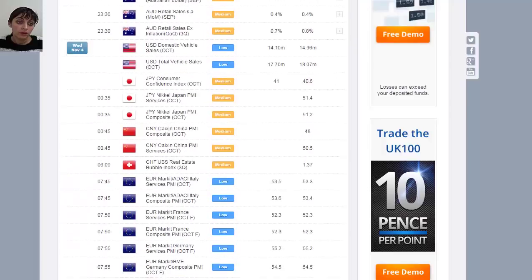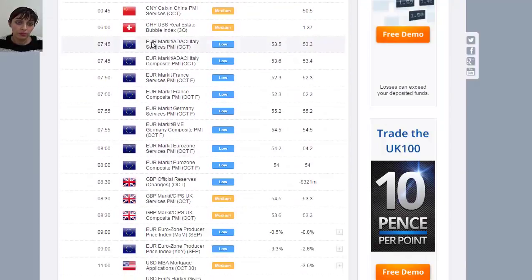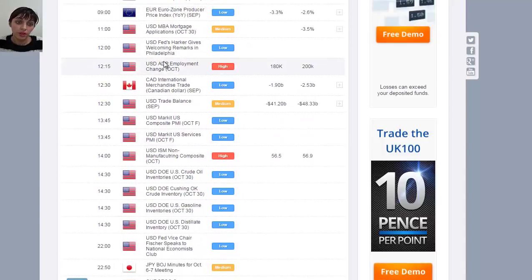Then on Wednesday we have some European news at 7:45, very low, so not very important. Then we have some American news, employment change at 12:15, but it starts from 11, so we can make a note of 11 o'clock and 2 o'clock.